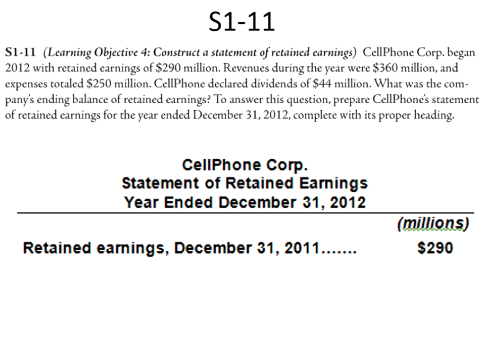I don't have the word beginning there, but that's what it is. The beginning retained earnings for the year December 31st, 2012 is the retained earnings as of the end of last year, 2011. If we end retained earnings on December 31st with $290 million, that's what we start the following year with.